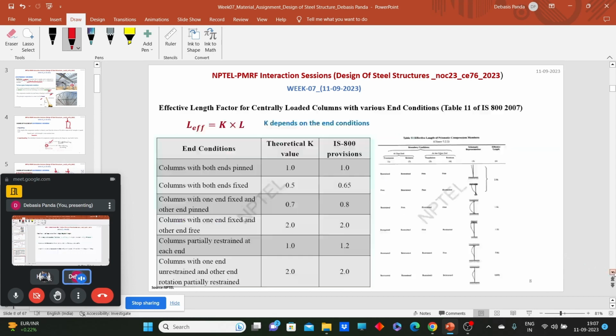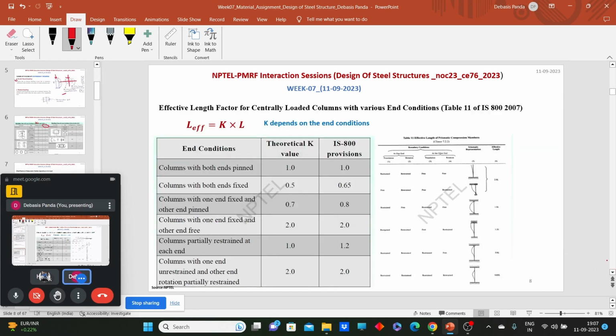So first, a compression member or column. Firstly, we are talking about columns. Obviously we need an effective length, we cannot follow the Euler buckling formula, because here there are some imperfections, as I talked about in previous classes: imperfections regarding the material, the loading conditions, the end conditions, and all of these things.